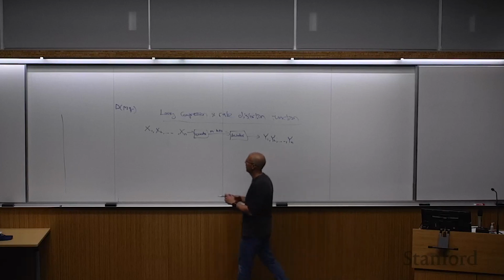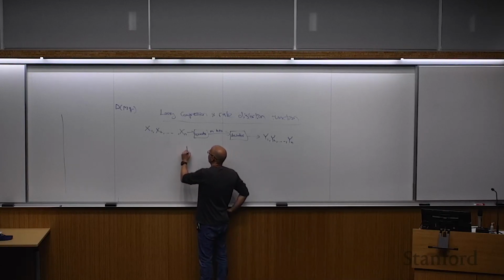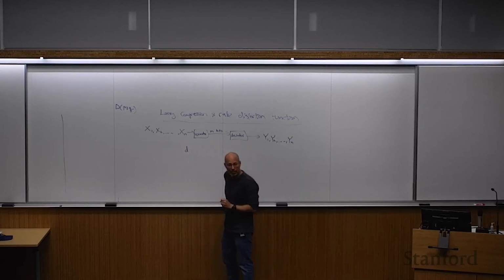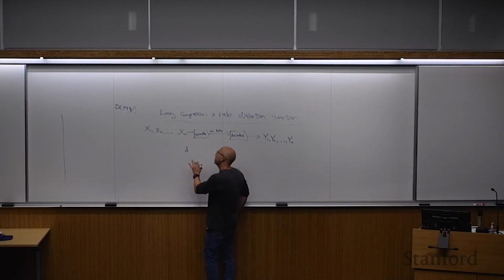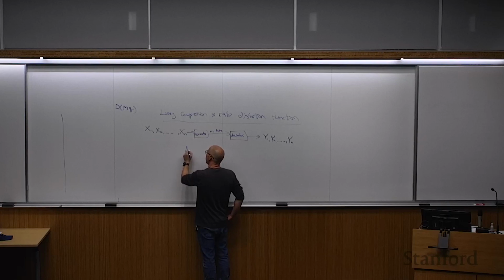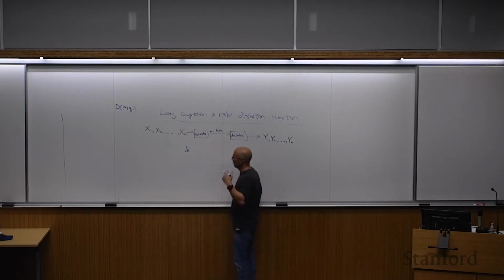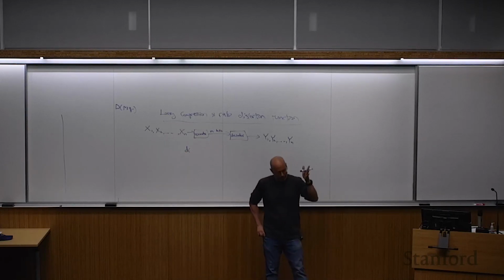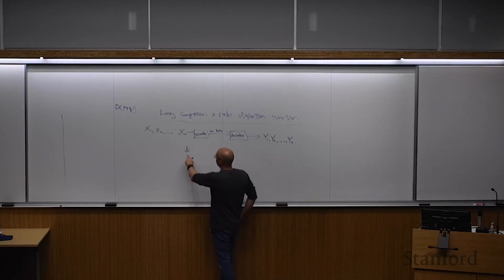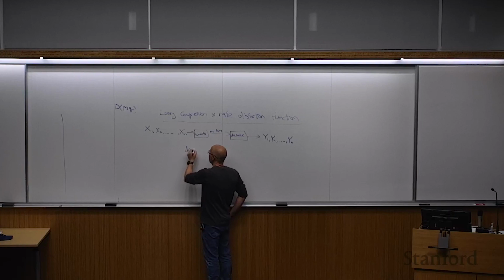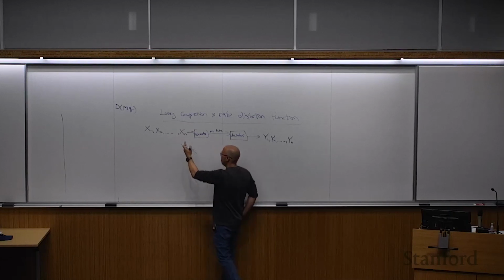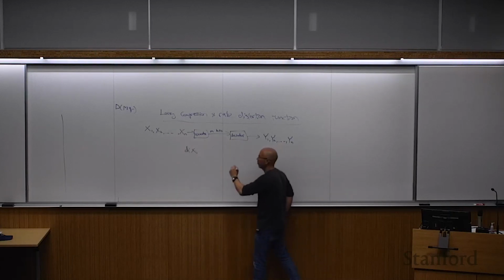Usually you'll specify to me some distortion criterion, let's call it D, which for today, as we often do, we'll take to be a component-wise or symbol-by-symbol distortion criterion. So you'll specify a distortion between the ith component of the source and the ith component of the reconstruction.